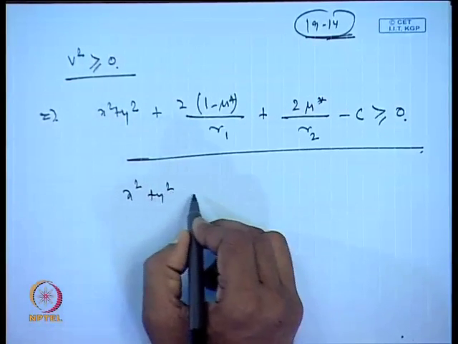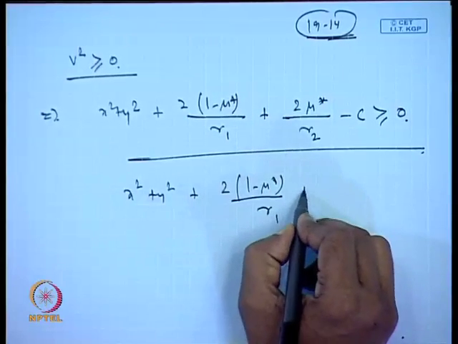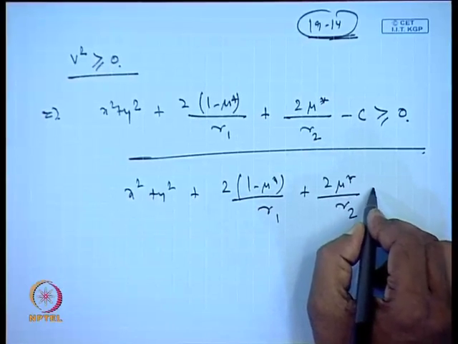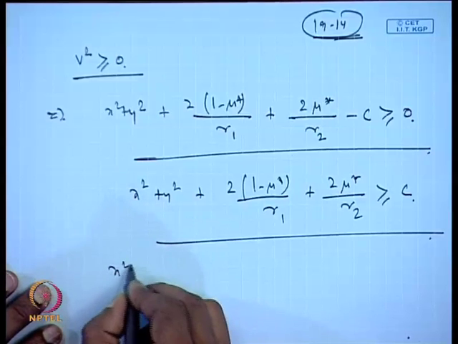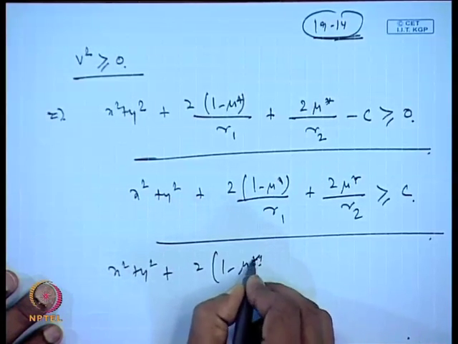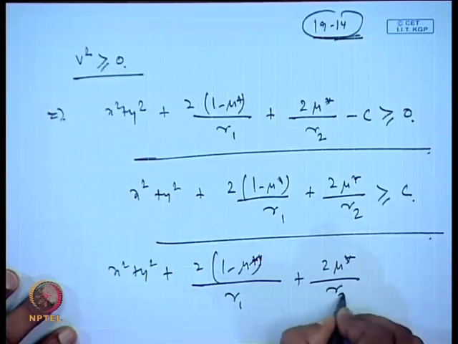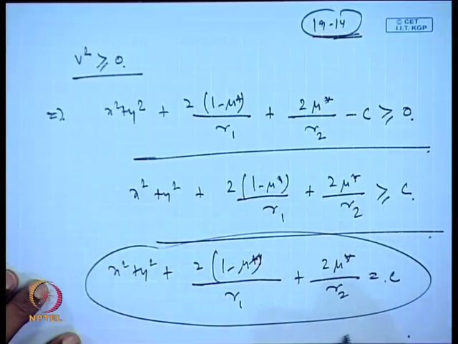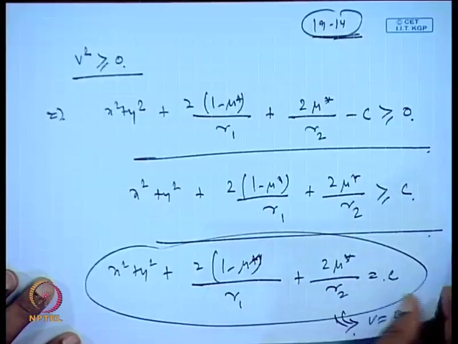Or x square plus y square Okay. So, the equality sign holds when x square plus y square is equal to 1 minus mu star, when this equality sign holds it means v equal to 0.